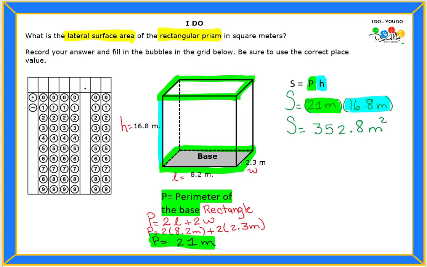Now remember that this 352.8 is just that lateral. If you want to write it down, you can, but this is just lateral. This is not total, because the question is asking me just for lateral. So let's write down the answer that I got in my grid over here. My gridable is going to read something like 352.8.